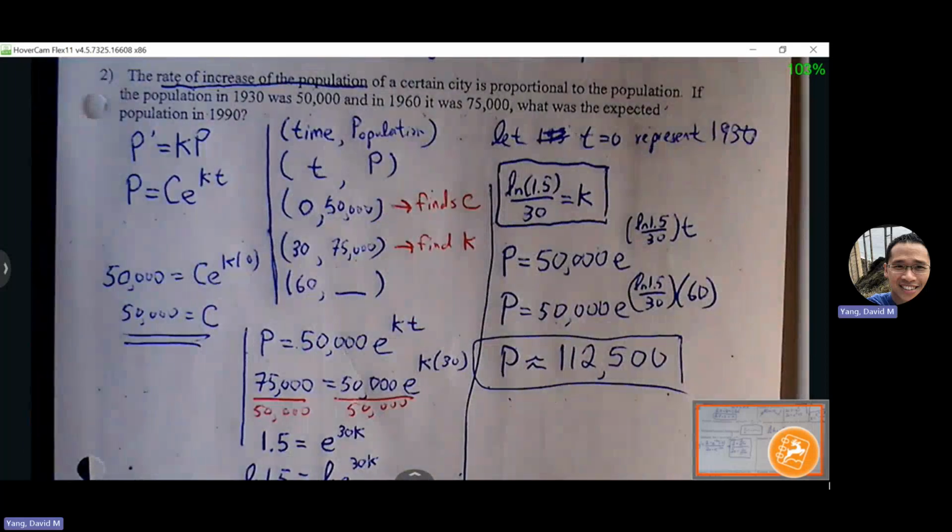So in 1990, the predicted population based off of this relationship is 112,500. Okay, so confirm, make sure that you can get what I got in your calculator.